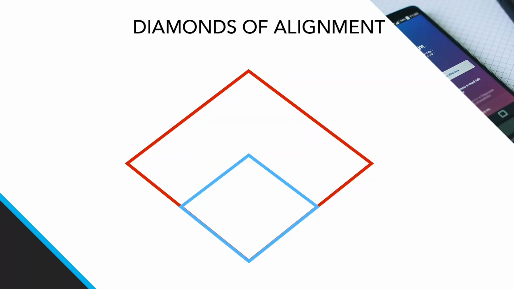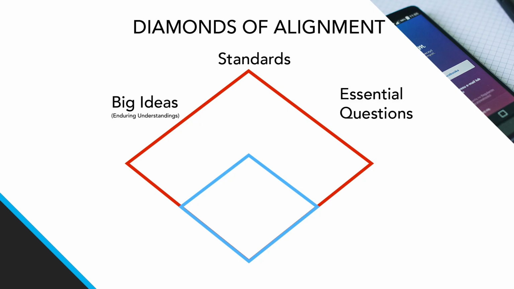When we're working with unit plans to try and maximize their alignment or internal alignment, we use a tool that we refer to as diamonds of alignment. What the diamonds of alignment refer to is the relationship between the standards and the why, or the essential questions and the big ideas.